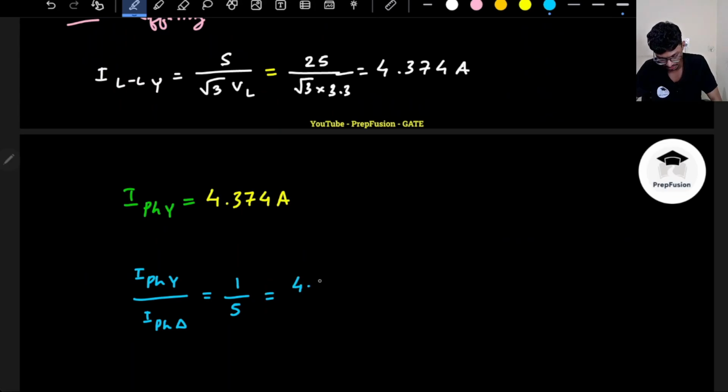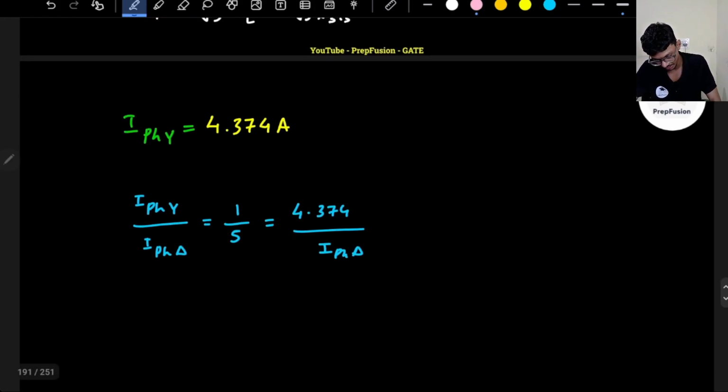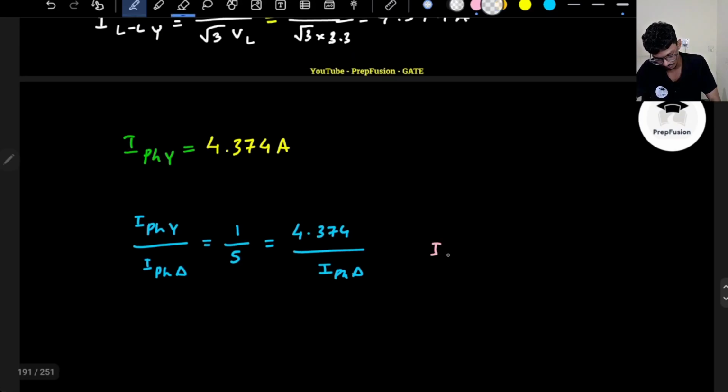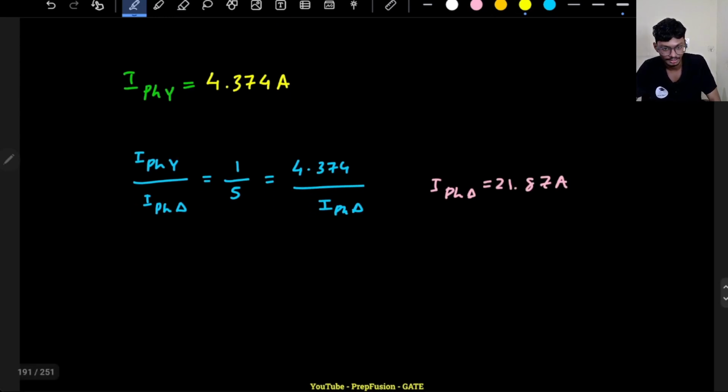I phase star is 4.374 ampere divided by the I phase delta that I need to calculate. Remember, it is the phase current, not the line current. Okay, so here my I phase delta is 5 times this, right? 5 times this will be 21.87 amperes. Now this is the rated phase current, but in delta what happens, the line current is root 3 times the phase current.